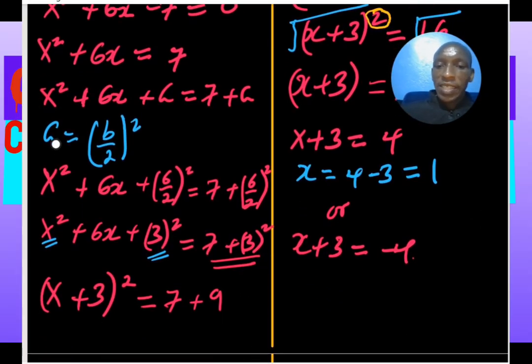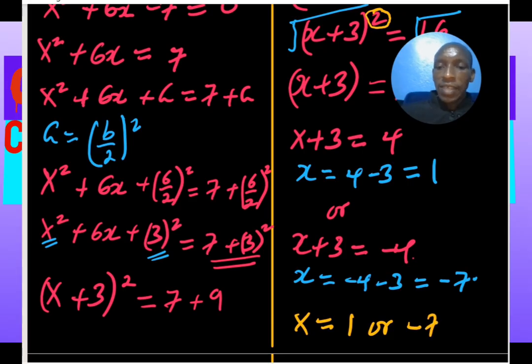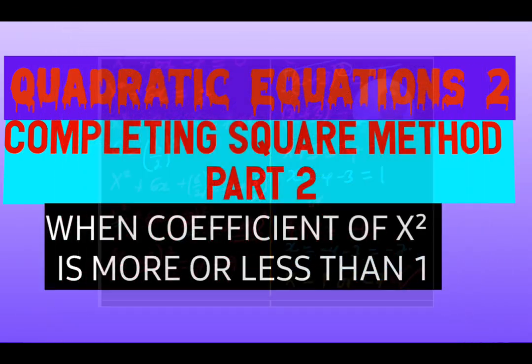But if x plus 3 is equal to negative 4, then x is equal to negative 4 minus 3, which is negative 7. Therefore, finally, x is equal to 1 or negative 7. This becomes the correct solution of this quadratic equation.